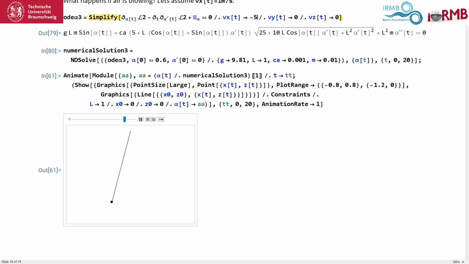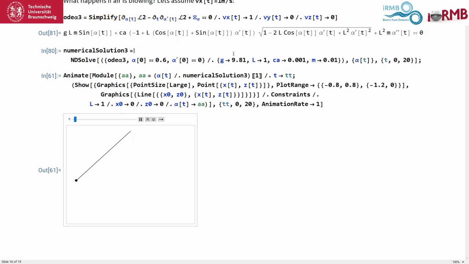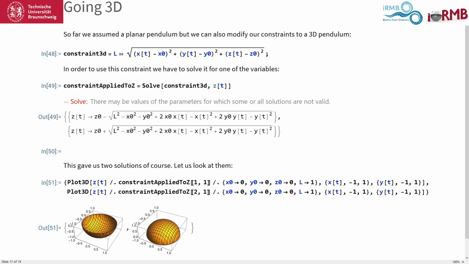I change this back to what it originally was. Okay, not so interesting.